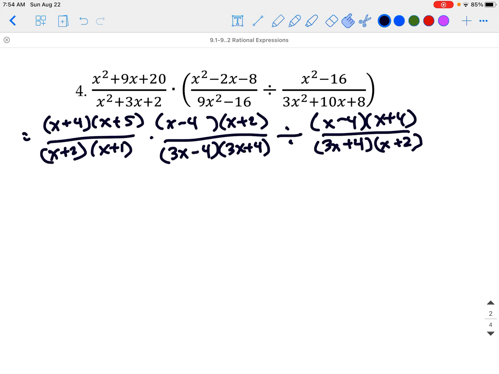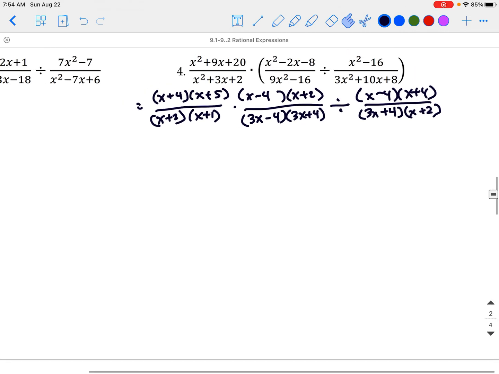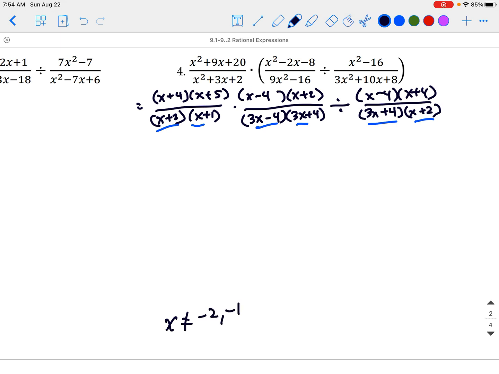Yes. Okay. All right. So again, before we start, we're going to jump to those undefined values. So x is not going to equal, of course, anything in our denominators. So all of those values we will exclude. So we've got -2, -1, plus or minus 4/3, and then -2 again, so we don't need to put that twice.